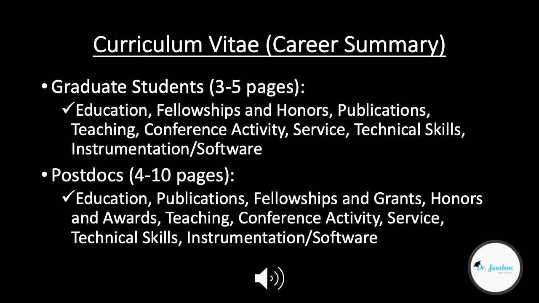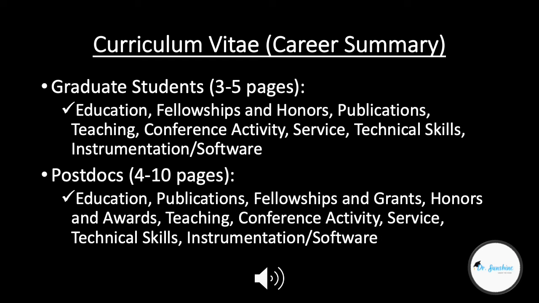So the next version of the CV I'll talk about is that of a postdoc. Depending on how much experience you have, you could have as little as 4 pages as a postdoc, up to 10 and beyond, depending on if you are more than 3 or 4 years into your postdoc.